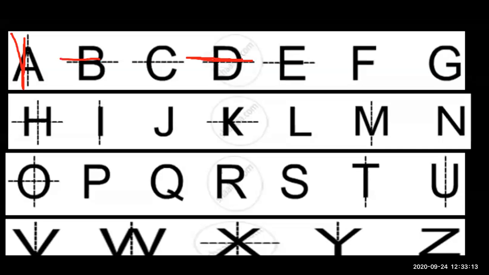Why? If I fold it, if I make a line over here, it will not reflect. It will not show the same symmetry. So the letter F is not showing any axis.